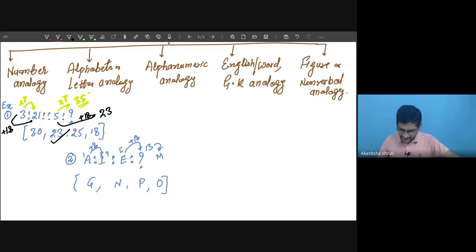What else can we think? We can think of the position values 1 and 9. If I add their position values, 1 plus 9, we are getting 10. In this case, E is already given, whose position value is 5. The unknown position value should also give 10. If the sum of the position values is the same, then this should also be 5, means E is to E. But E is also not given.